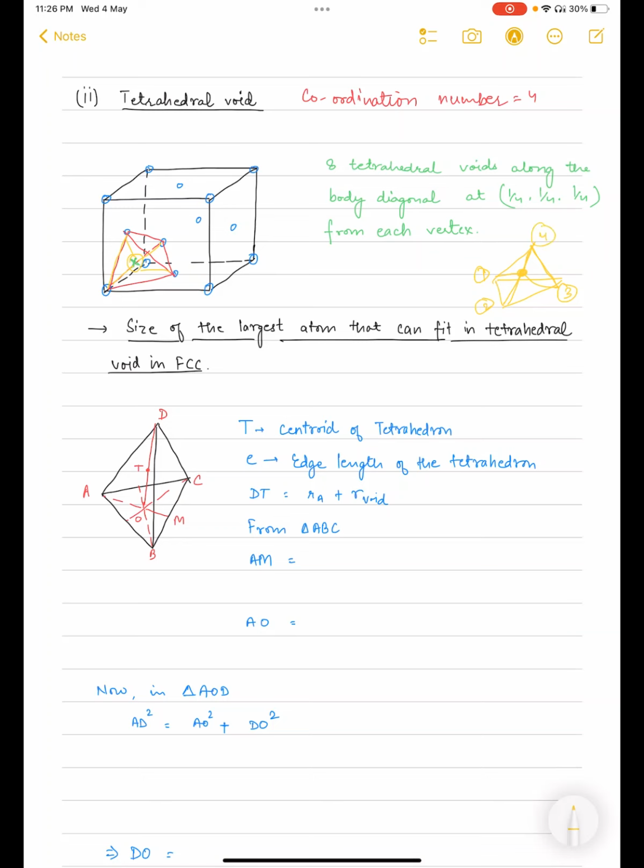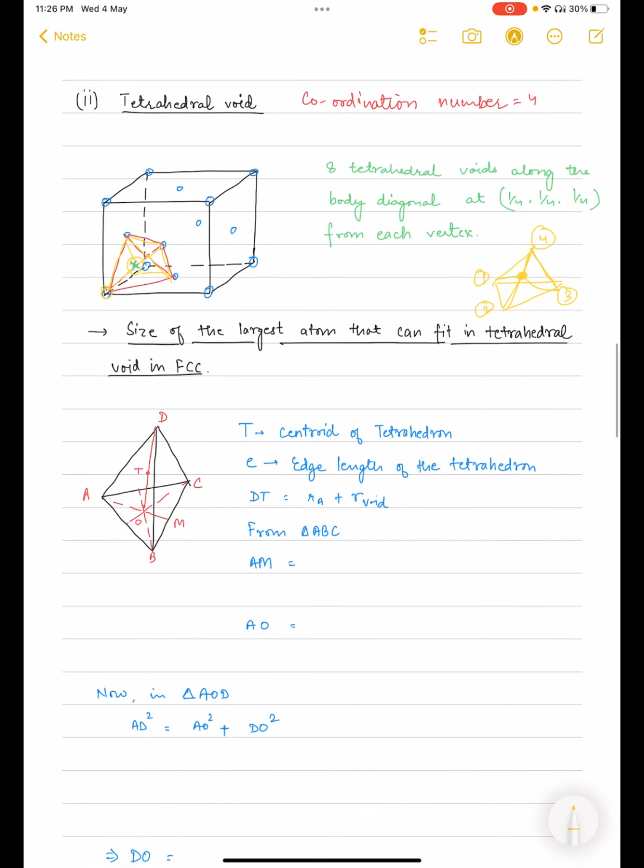Now, let us see how many tetrahedral voids there are in an FCC crystal. Here you can see 3 face-centered atoms and 1 vertex atom together make a tetrahedral void. These voids lie at a distance of 1 by 4, 1 by 4, 1 by 4 from each vertex along the body diagonals.